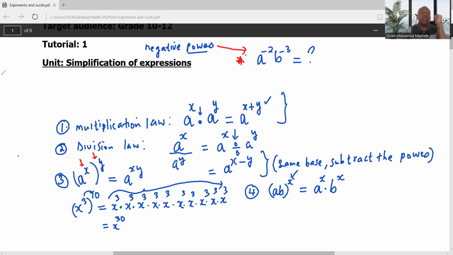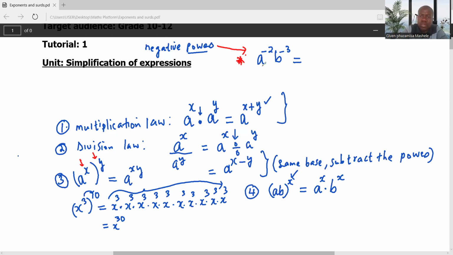Okay, I believe you are done. Now, let us do the corrections. Whenever we are changing negative powers to positive powers, if they're at the numerator, those exponents are to be at the denominator. So now this will be the answer.